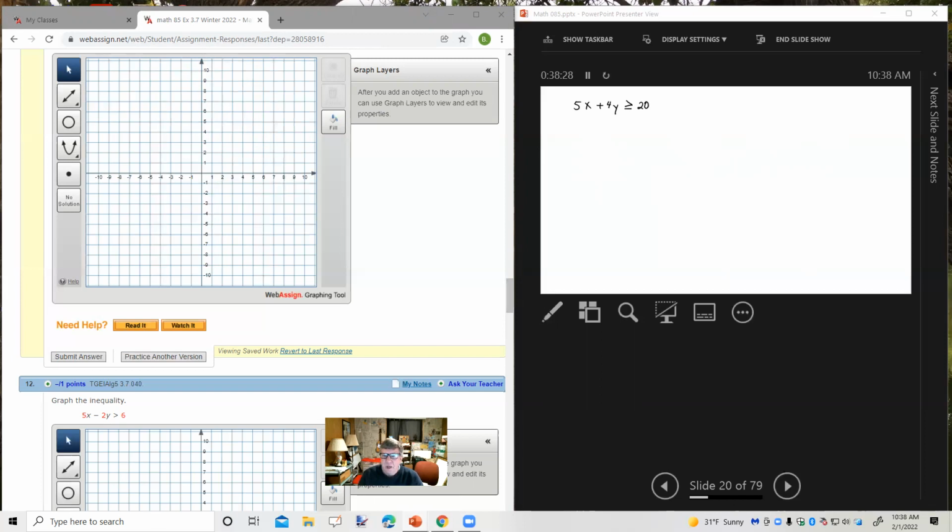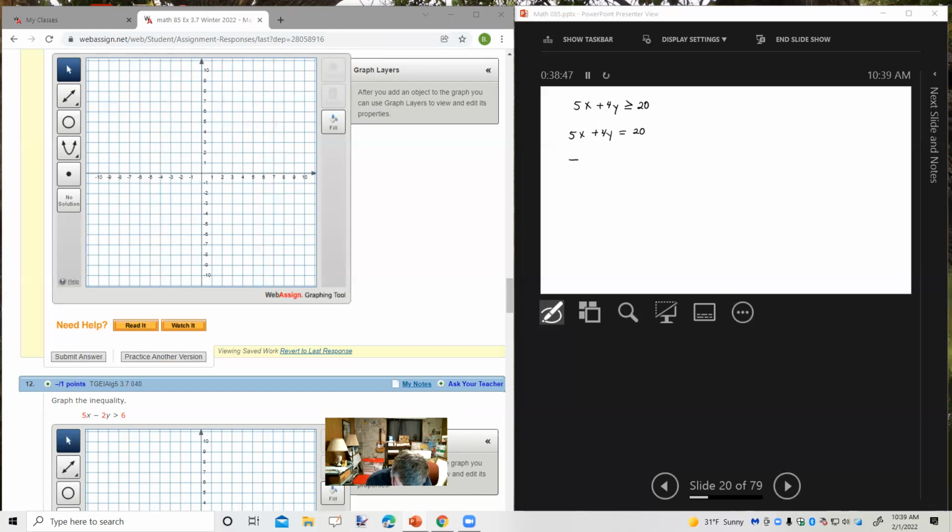Now, what I'm going to do next is just consider the equation 5x plus 4y equals 20 to establish where the line is, whether it's dashed or solid, but I need to establish where it is.